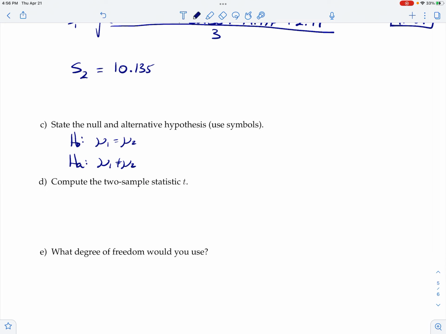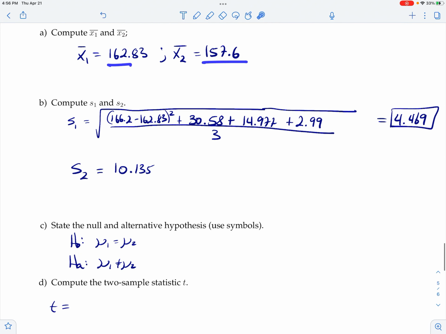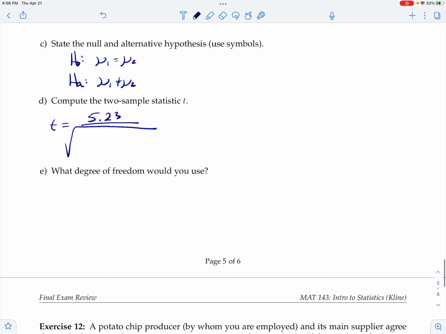So for the two-sample T statistic, the formula is, to take the x1 bar minus x2 bar, you subtract those on top, and when you do, you're going to get 5.23. You're dividing by the square root of the first standard deviation, 4.469.